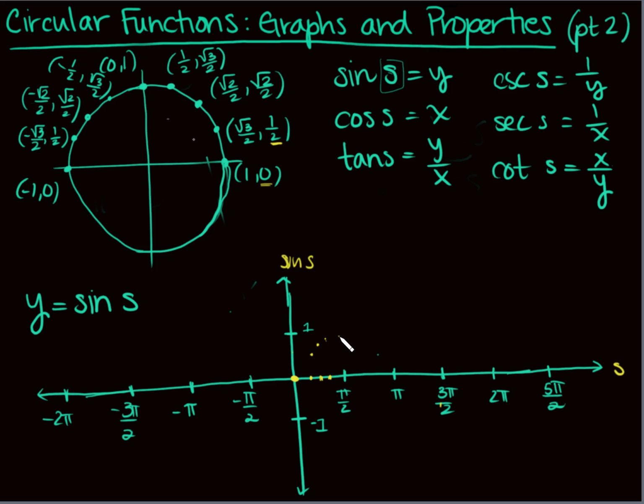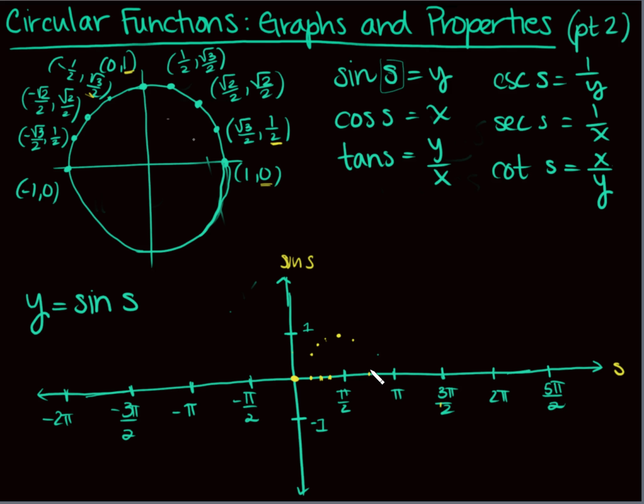And then at pi over 2, we know we're at 1, so we're up here at 1. There is my y coordinate. And then look at what happens over here. When I go to this next value, which is 120 degrees, the reference angle is pi over 3. So my y coordinate here is root 3 over 2, just kind of reflected over here.